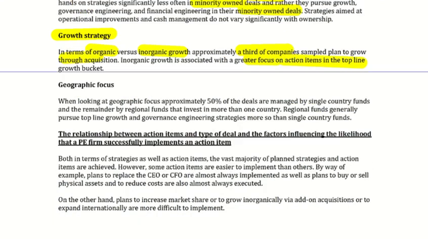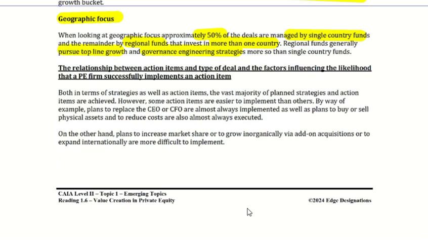When looking at geographic focus, approximately 50% of the deals are managed by single country funds and the balance by regional funds that tend to invest in more than one country. When they start to invest in more than one country, they generally pursue top line growth and governance engineering strategies a lot more so than do single country funds.